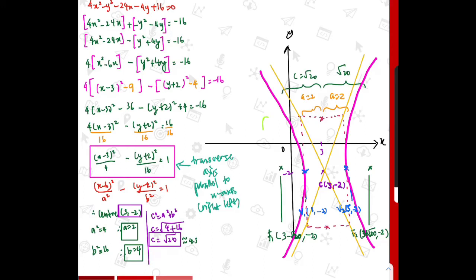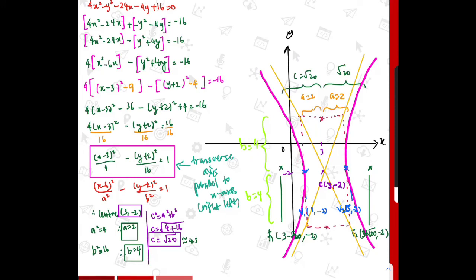So the value of b, let me write here, is 4. So we have finished following the value of b. Therefore, we can find our co-vertices. When we have found our co-vertices, we can connect the dots from the vertices. From our vertices, we travel the distance of b, going up and going down, then connect all the dots.